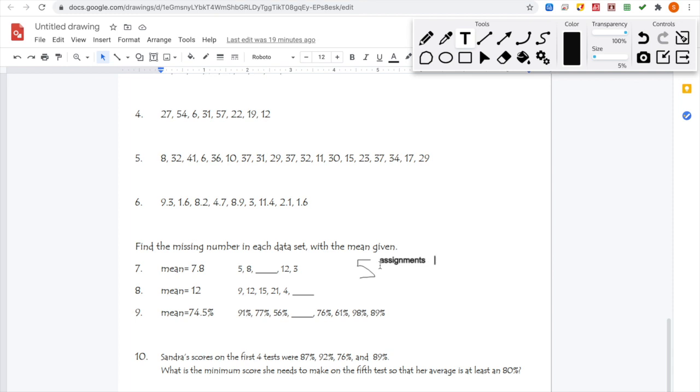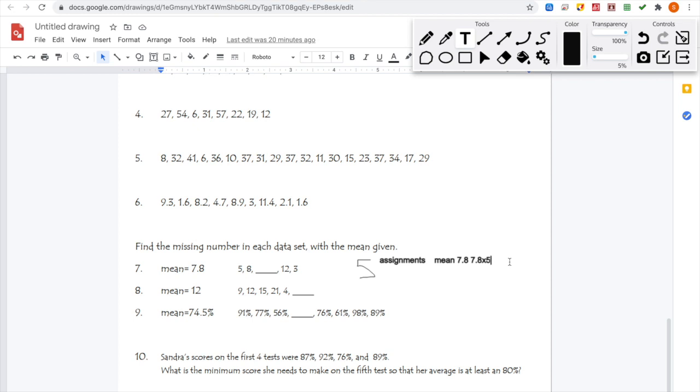And we know that the mean or the average has to be 7.8. So what we're going to do, if we're working backwards, we're going to take our mean and multiply it by the amount of assignments. So 7.8 times 5.